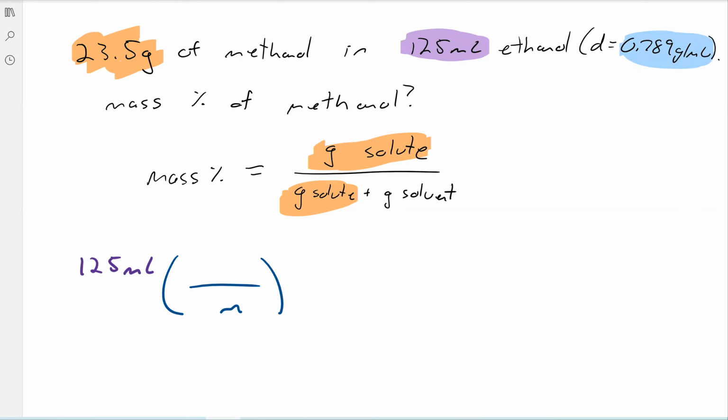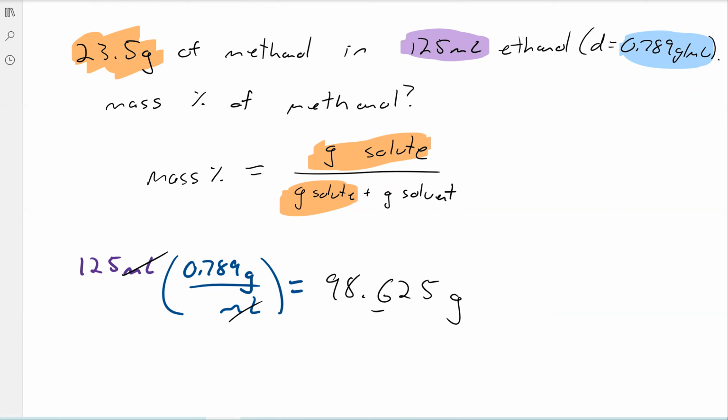So mL on the bottom, because over here it's on the top. And then 0.789 grams there. Go ahead, do the math. 125 times 0.789, and you should get about 98.625 grams, with, of course, 3 sig figs.